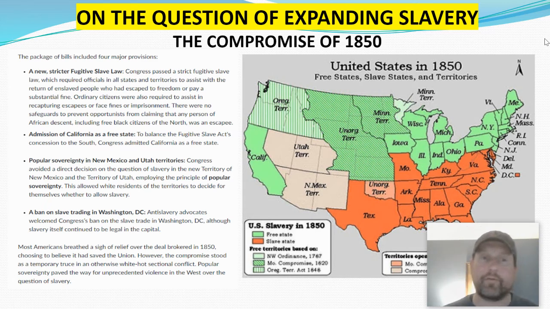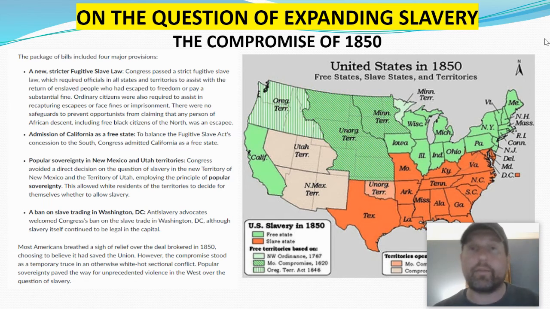So the Compromise of 1850 is kind of a four-pronged compromise, where, as the slide says here, there will be, appeasing Southerners, a new and more strict fugitive slave law that would require northern states, when they come to know of a runaway slave that had escaped the South into the North, that they are required by federal law now to return that slave to the South.